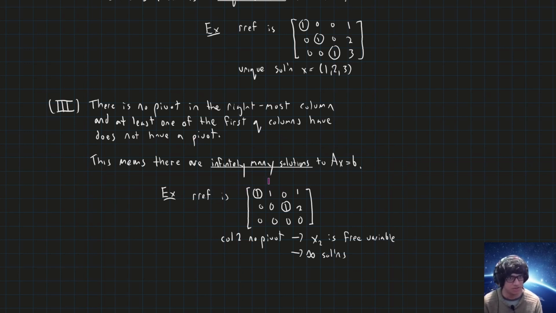In this case, the second column does not have a pivot in it. What that means for the solution is that x2 is a free variable, or a parameter. That means we'll have infinitely many solutions to Ax equals b for x. And of course that means that b is a linear combination of the columns of A, the v's.